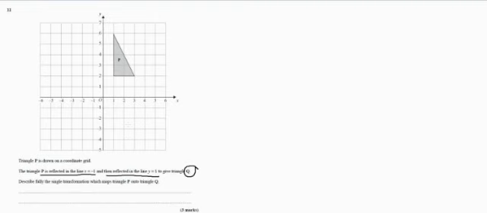Now let's answer. First, let's draw the line x equal -1. X equal -1 is parallel to the y-axis. Here it is.